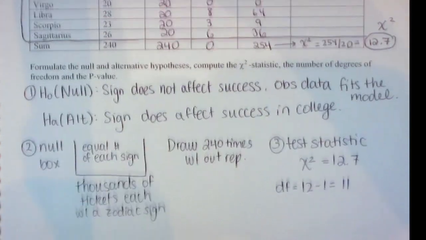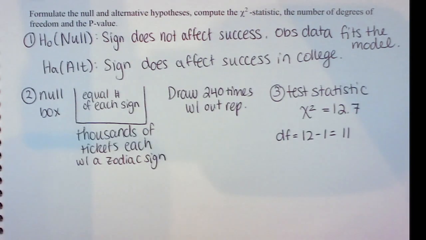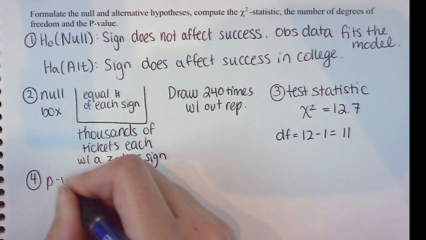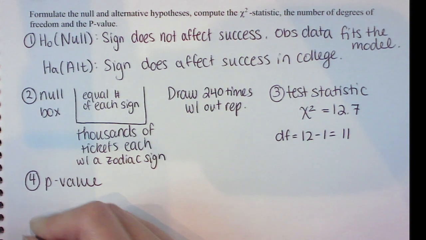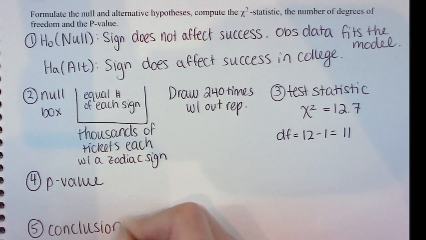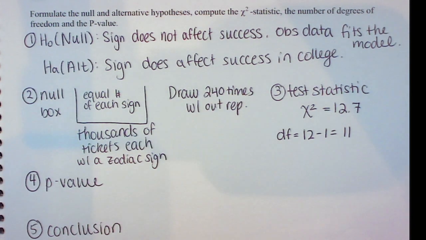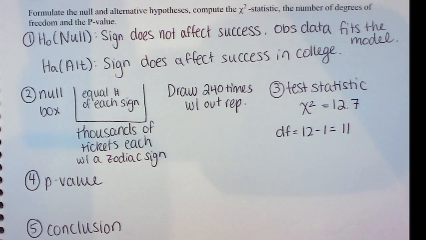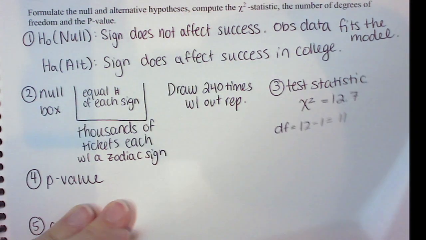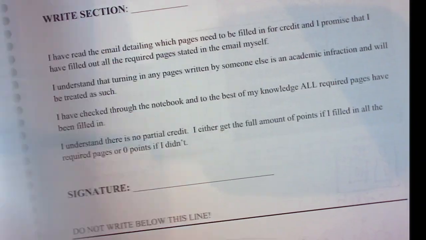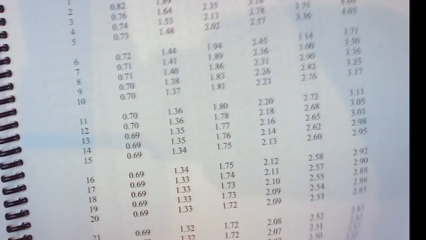And this is going to help me find my p-value. So my very last two steps are to find my p-value and then state my conclusion. We can get practice using the chi-square table again. So I'm going to need 11 degrees of freedom and then 12.7. I'll go to that same page, 230 something, 231.